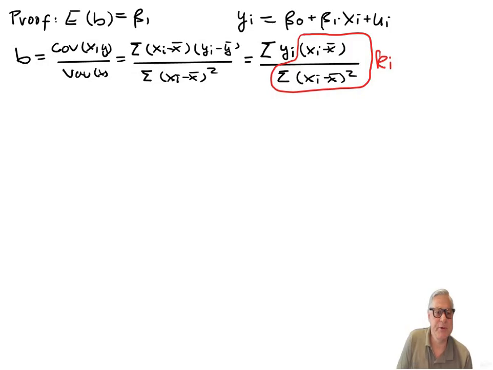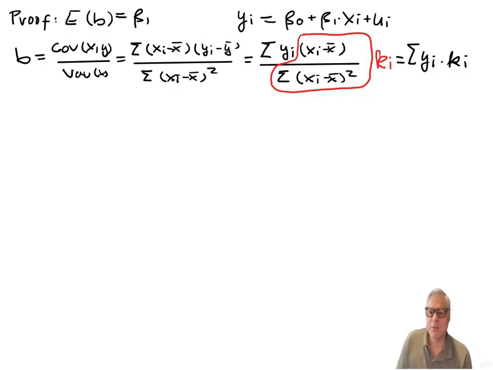So with this simplification, we can write B as the sum of yi times Ki, keeping in mind that Ki is what I circled here in red.